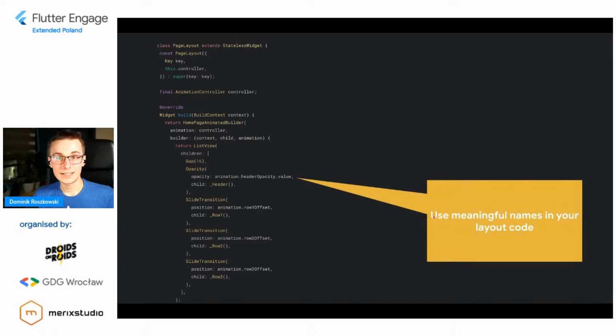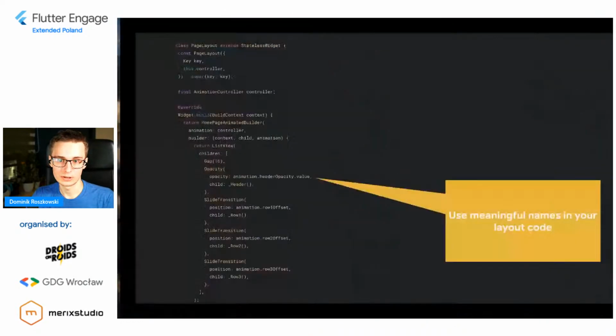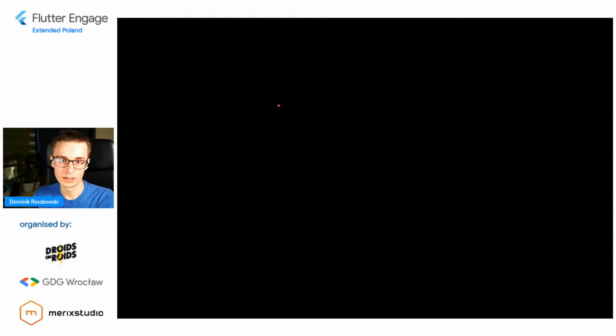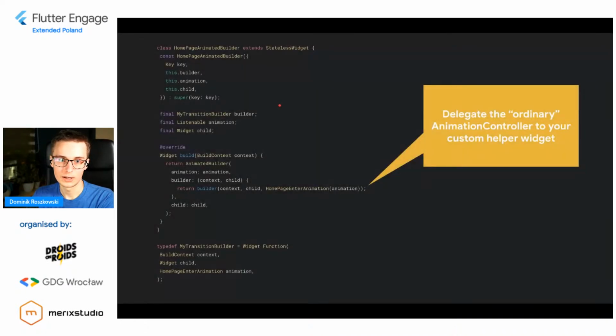And then if you want to use this animation, you don't need to actually create any stateful widget for this. Of course, you had to create a stateful widget at the beginning, right? So you had to provide this animation controller somewhere.